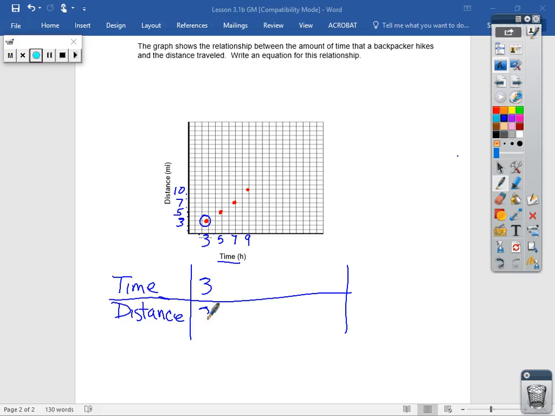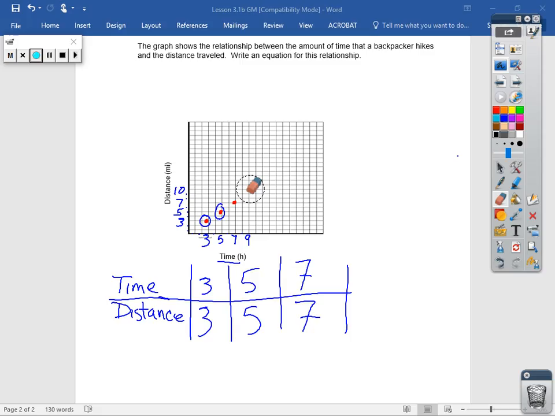So our first pair is 3 and 3. Our second pair is 5 and 5. And then we have 7 and 7. And you know what I am going to do?